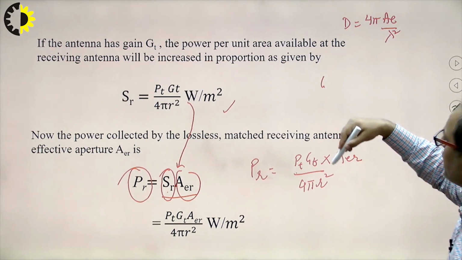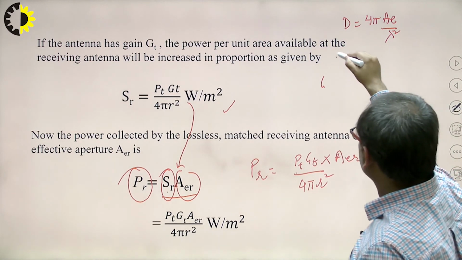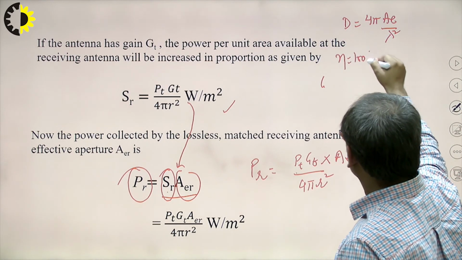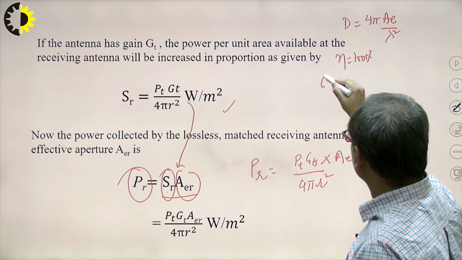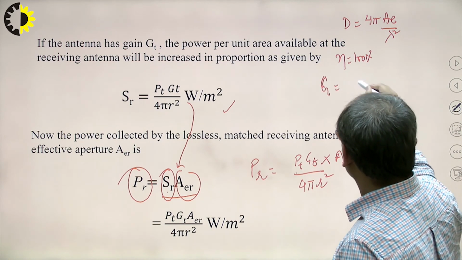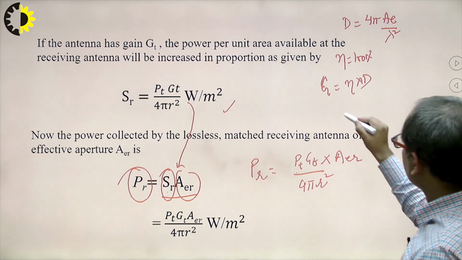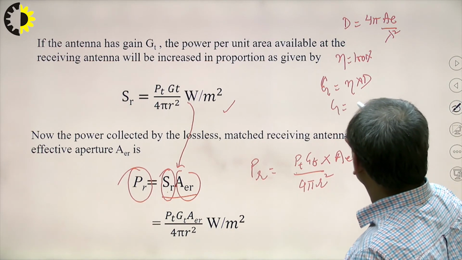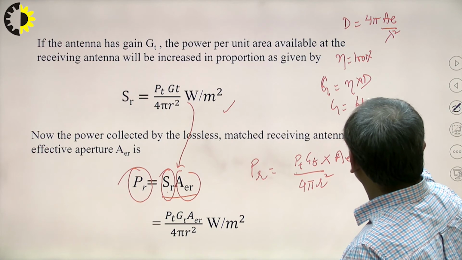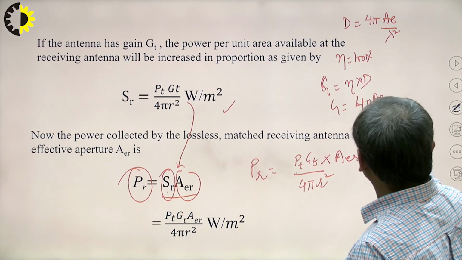Now by default, if I consider the efficiency of the antenna equal to 100%, the gain is equal to efficiency into directivity, so gain will be 4 pi AE divided by lambda square.